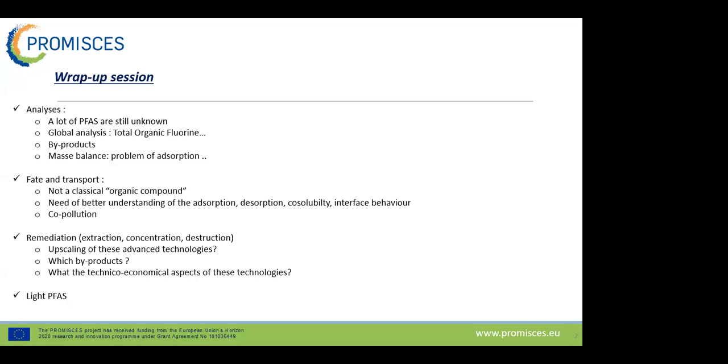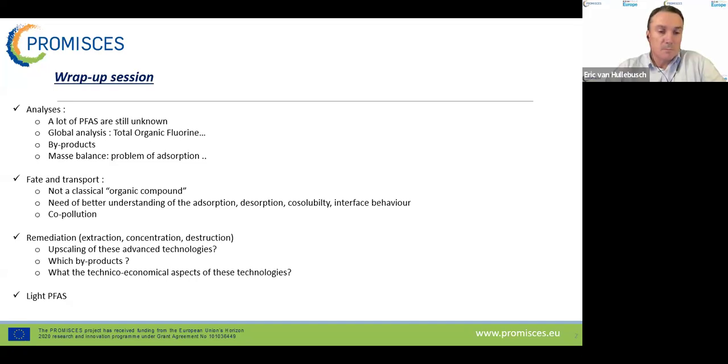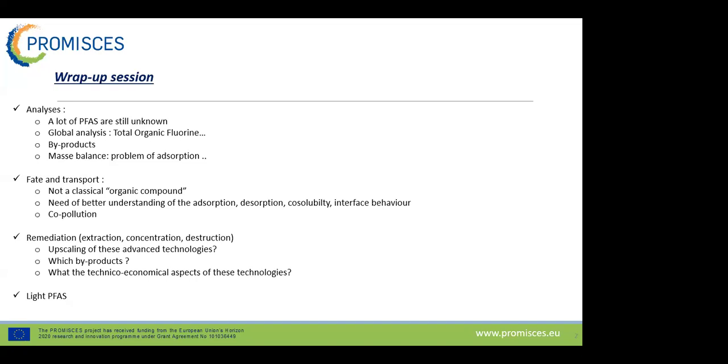These are some bullets based on the ideas that we wrote with Eric, and I don't know what you think about that. Do you have the same feeling as us? I also feel there is a toxicological part that is still tricky. It's our feeling about the progress that we've seen in PROMISCES, but don't hesitate to discuss, or give a point of view or additional comments.